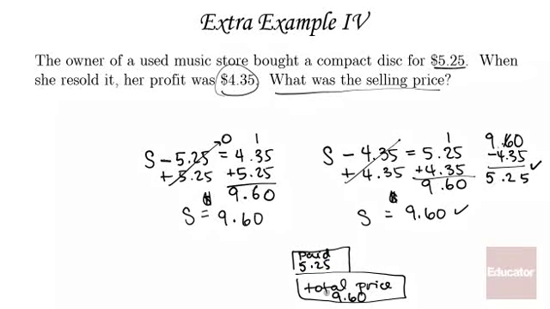And then part of the total price, the other part, was how much her profit was, which was $435. So either way, if you take away what she paid from the total, you're left with the profit. Or vice versa, if you take away the profit, you're left with what she paid.